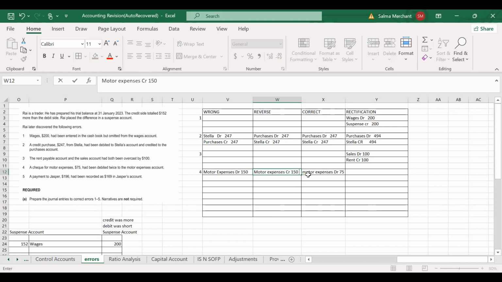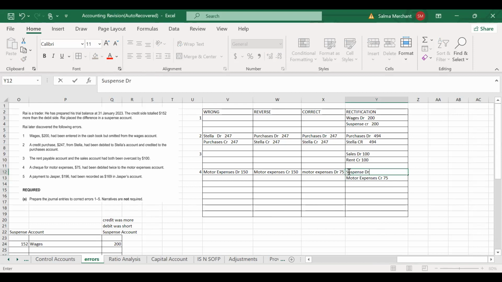One is debit, one is credit. Which side is more? The credit side. So debit and credit you will minus. Credit is more, so motor expenses will come on the credit. How much? Motor expenses 75. What will be debit?